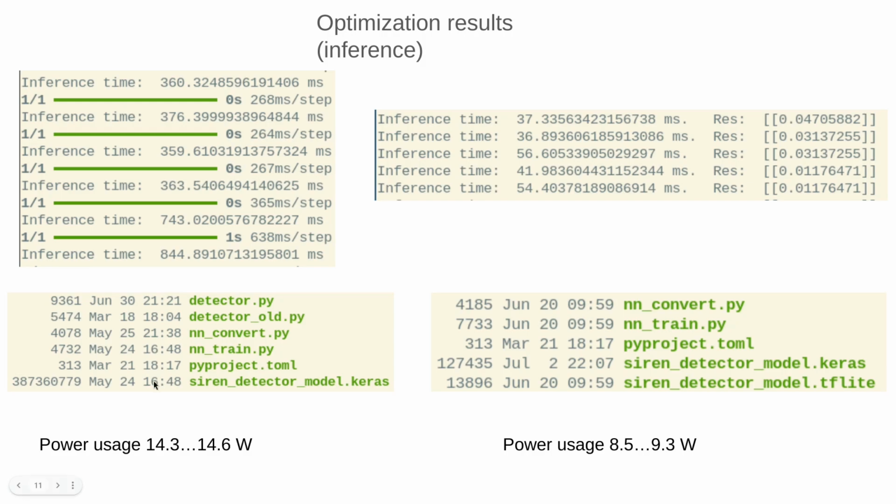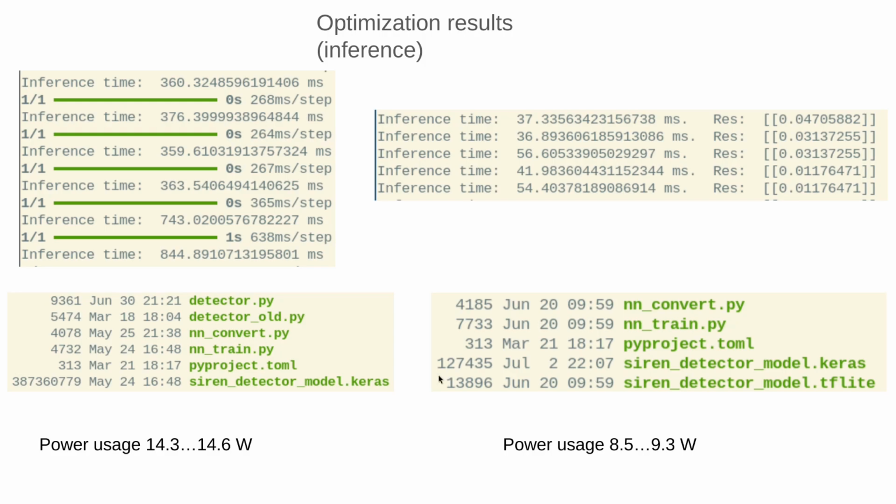And on the laptop that I used, when this model ran, we had 14.5 watts power usage. When on the same laptop, with the same microphone, we run the new model, which is a TensorFlow Lite model, so it's even faster. First of all, inference times are 50 milliseconds, plus minus, a dramatic decrease, as you can see.